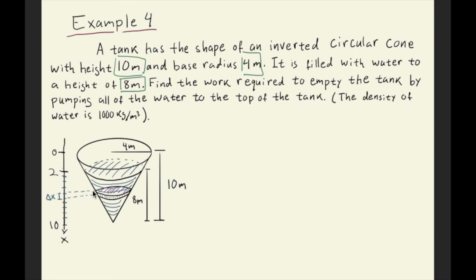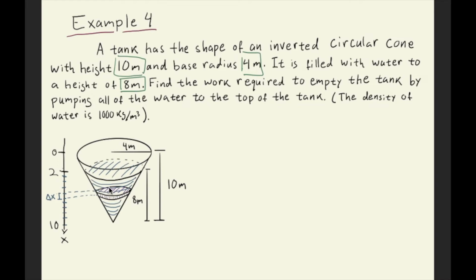And then on a little slice, we compute the work required for us to pump that slice all the way up, right? So let's think about that. What is the work required for us to pump just that slice to the top of the tank?